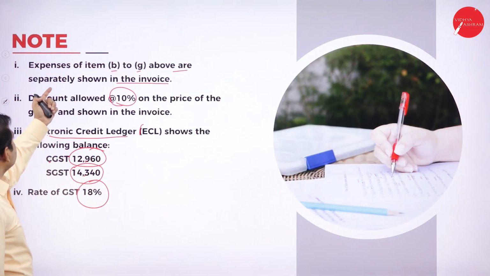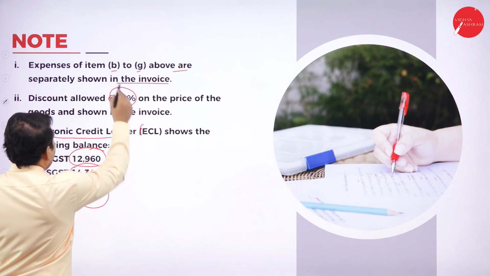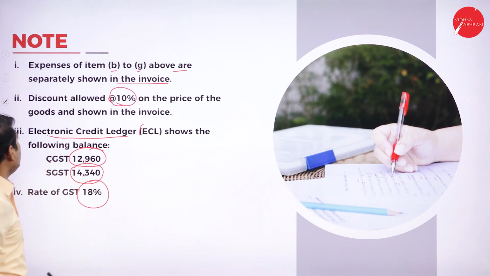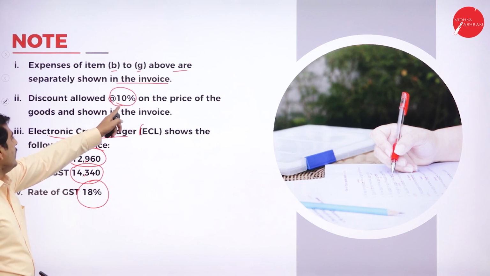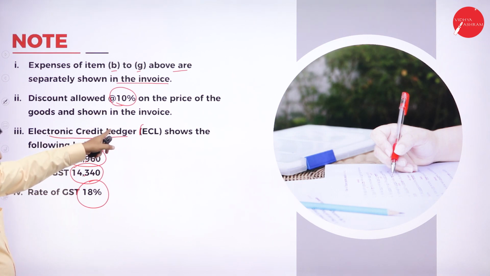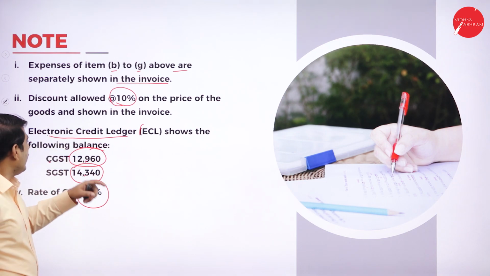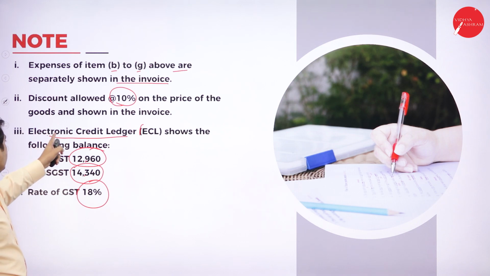Now, the expenses of items A to G above are separately shown. What is the discount he has given? 10%. After adding all the total cost, we can calculate the discount. Electronic credit ledger we can take later.